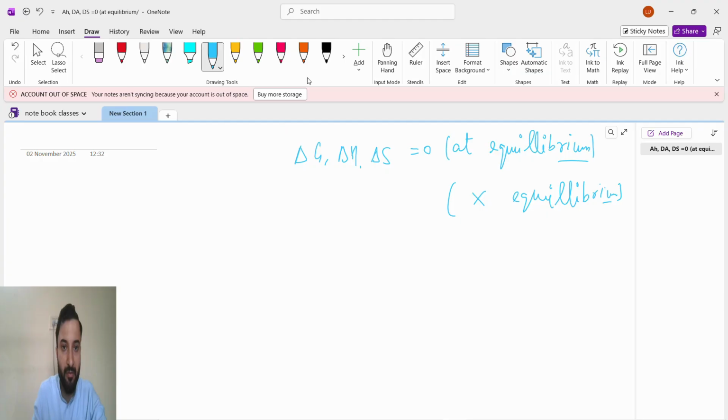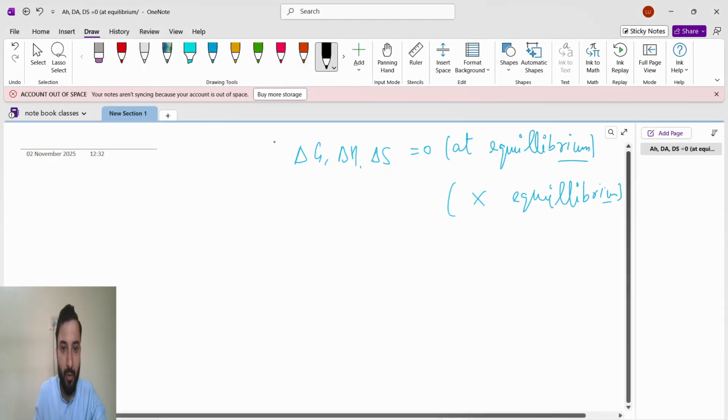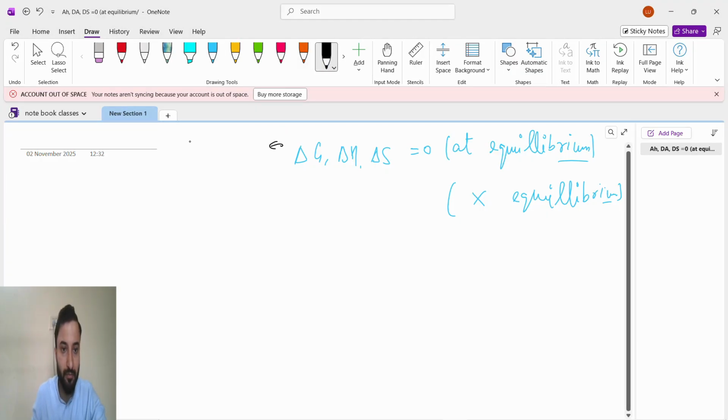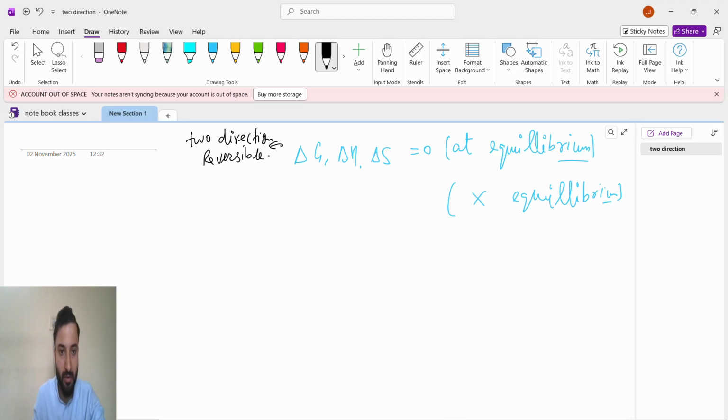At equilibrium the process will follow two directions, meaning it is a reversible reaction. Two directions means forward and backward, reactant to product and product to reactant.